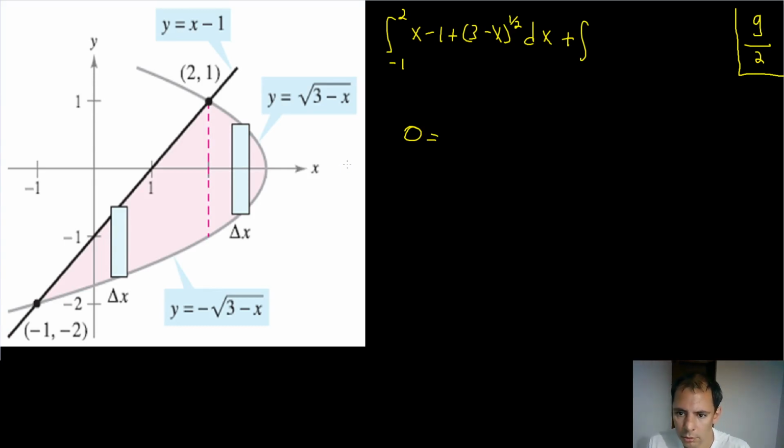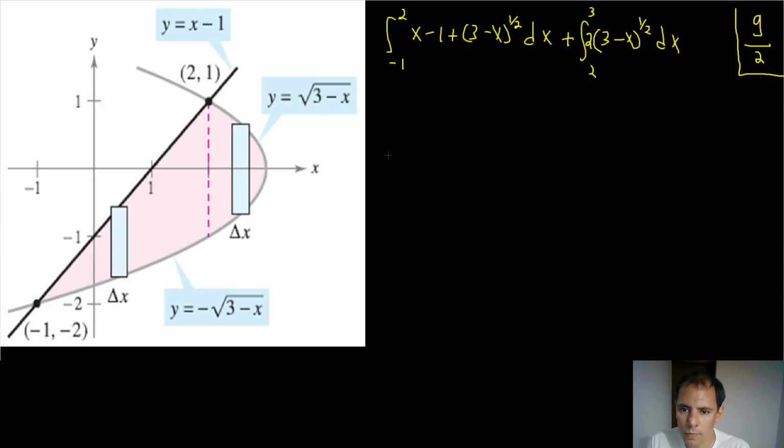So from 2 all the way to 3, I have to do 3 minus x to the half minus 3 minus x to the half. So it's actually 2 in here, because it's going to be minus the same thing, so it's plus. So I'm just going to put a 2 here. Okay, dx.